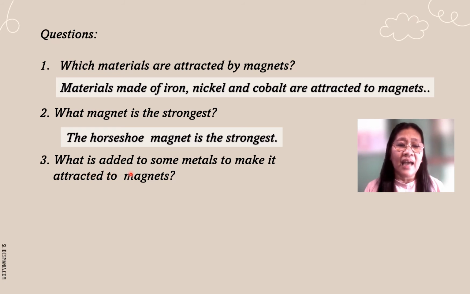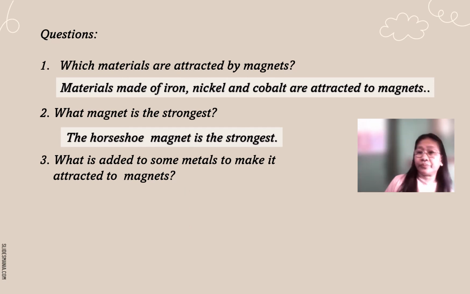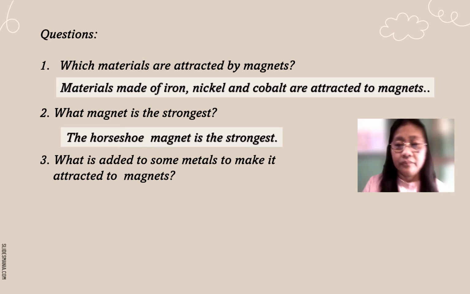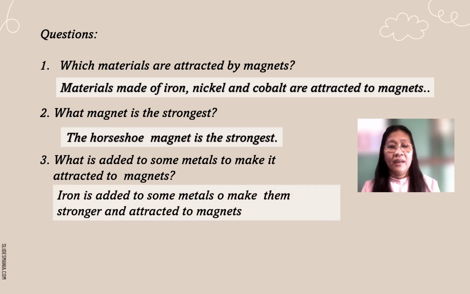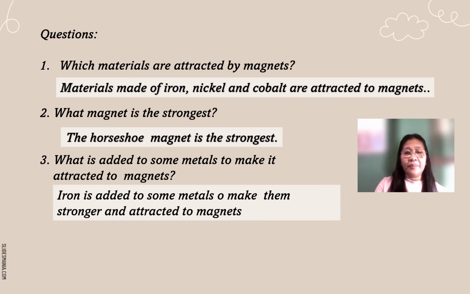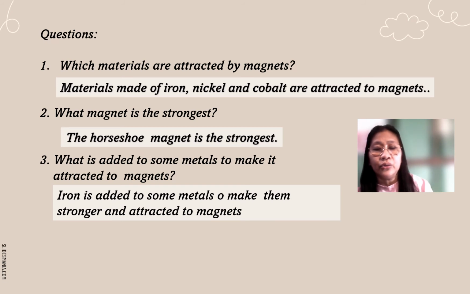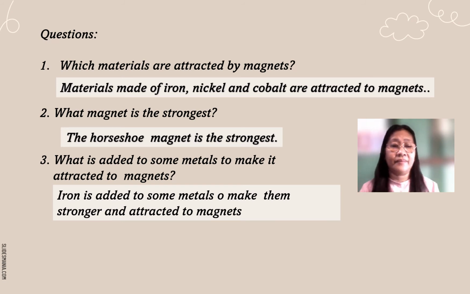What is added to some metals to make them attracted to magnets? The answer is iron is added to some metals to make them stronger and attracted to magnets.